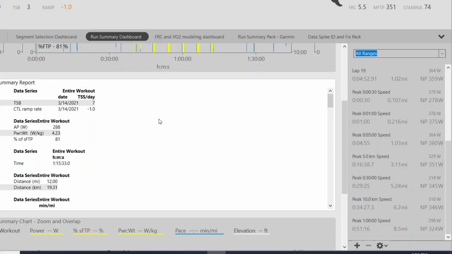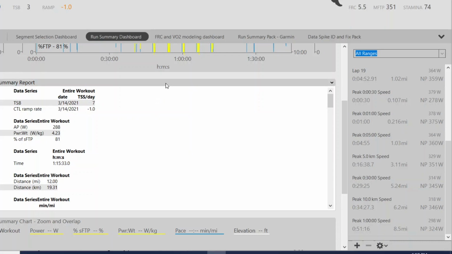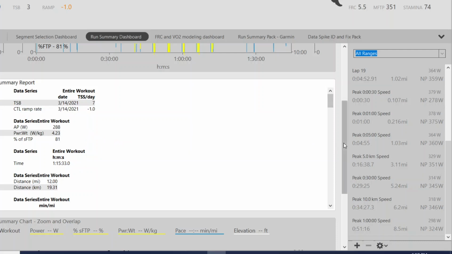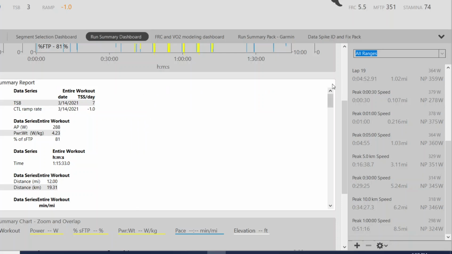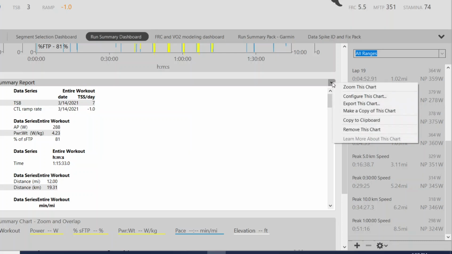So let's look at what's on here. Another thing I'm going to show is how you can analyze data in different ways using this report as well. First thing, in WKO, any chart or report can be maximized or focused on just by clicking this title bar right here, or you come over to here where it has a downward arrow and it'll have zoom this chart.